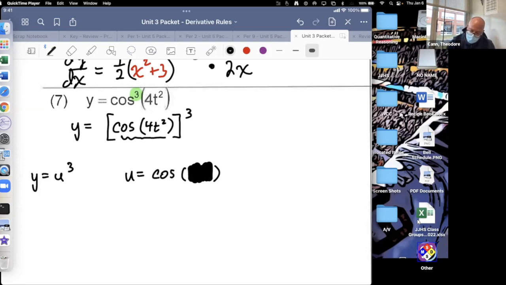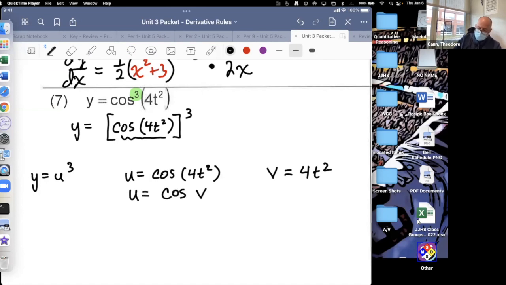So I have to make a change, and that change would be to define a new variable, letting the 4t squared be, you could let it be whatever you want, but typically we would go with v. So now u would be cosine of v.